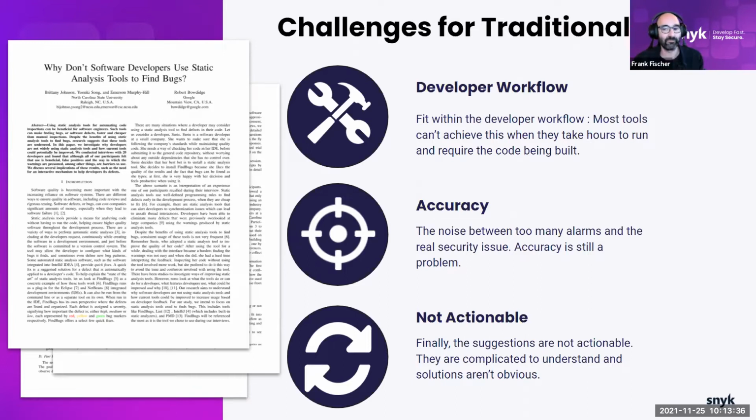There's actually some research going on in this direction, because it's really hard cognitively to understand what this tool sometimes means, because you then have to find the flow within the application that is literally ending up in this situation that the tool is pointing out. So it's hard to understand, and this makes it not actionable.